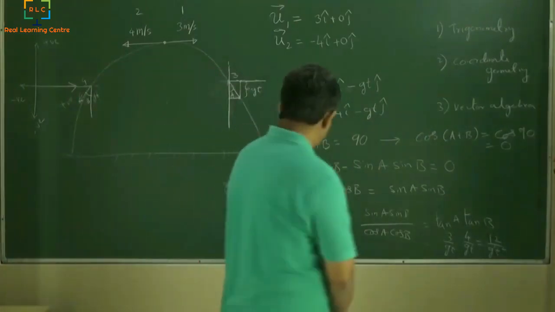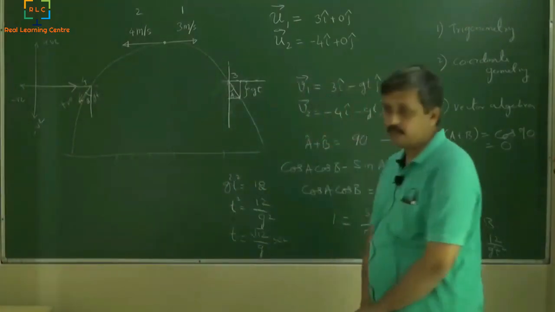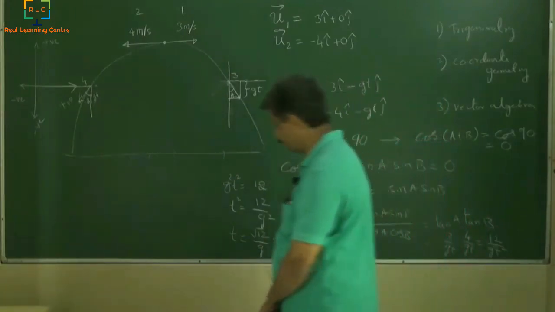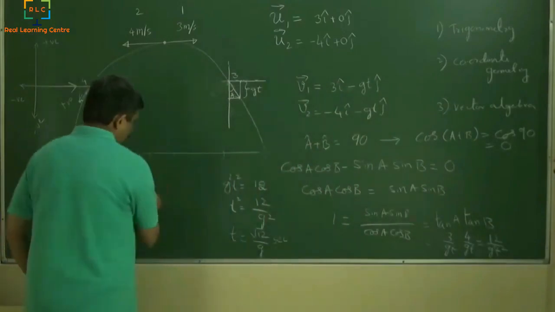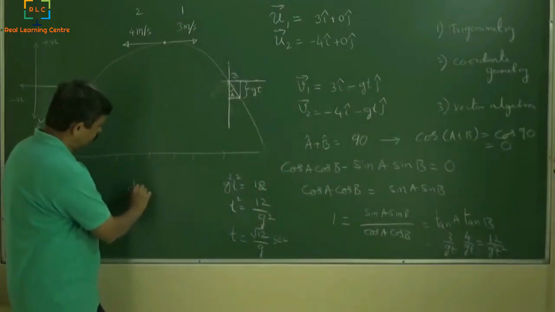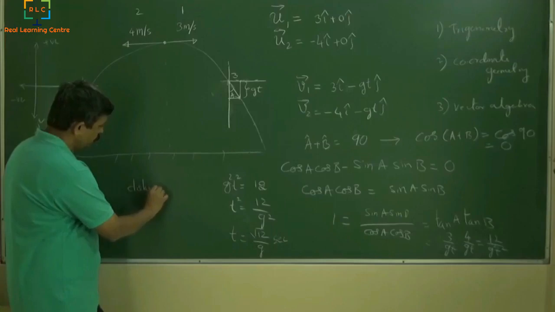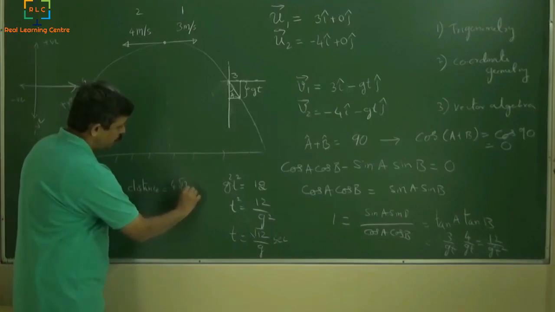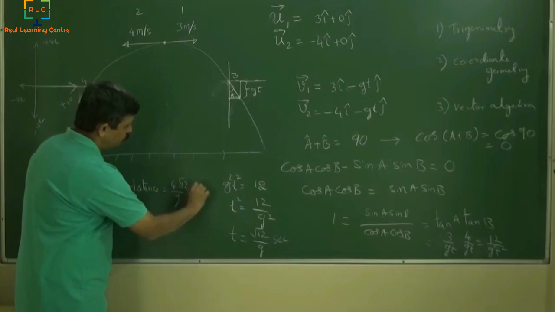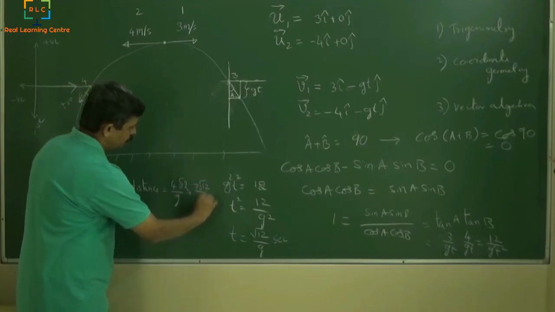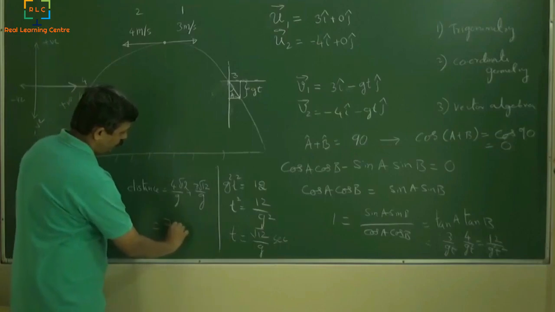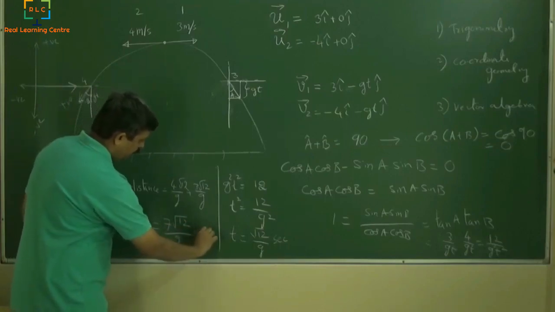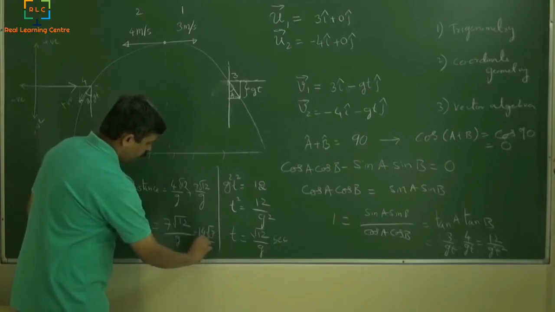So the distance is equal to 4 root 12 by g plus 3 root 12 by g, which is equal to 7 root 12 by g, which is equal to 14 root 3 by g.